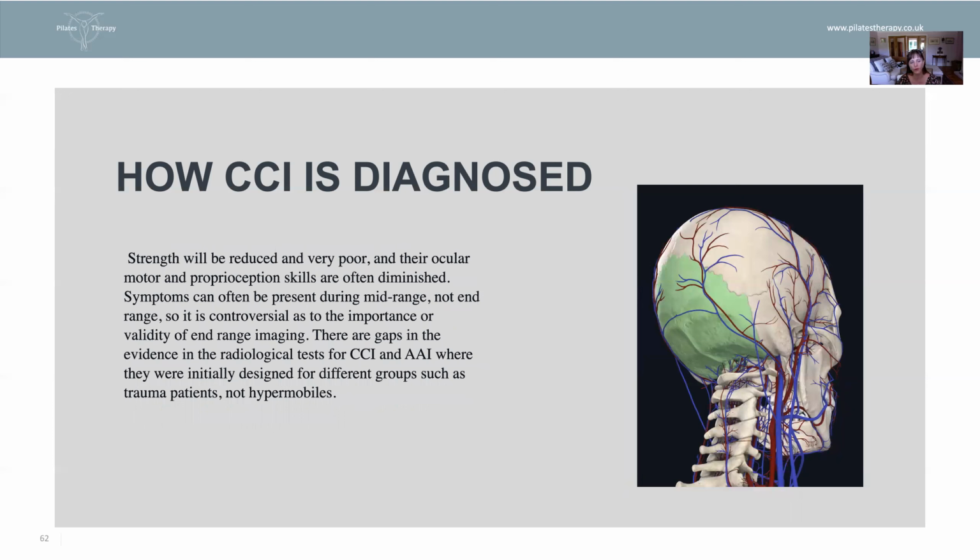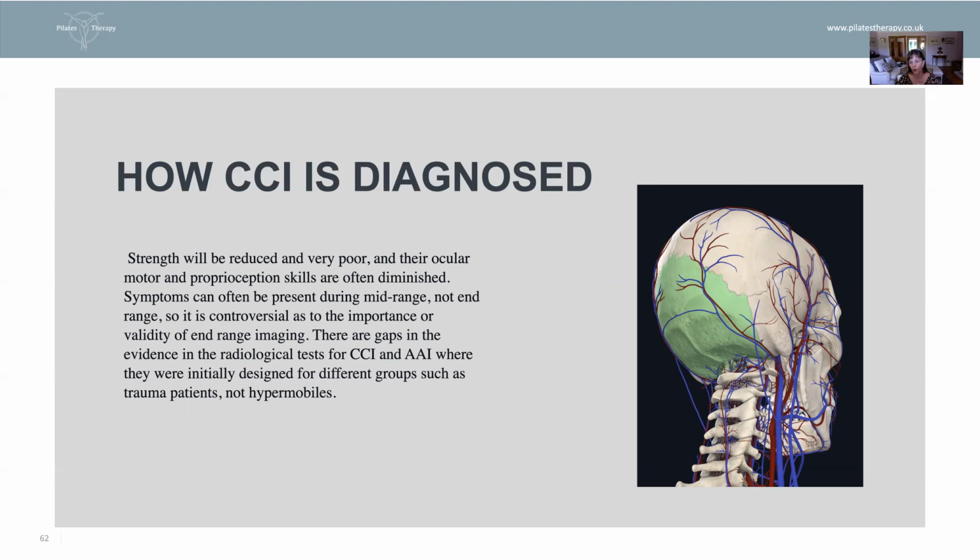So strength will be reduced and very poor, and their ocular, motor, and proprioception skills are often diminished. So symptoms, strangely, can often be present during mid-range, not end range. So there is controversy as to the importance or validity of the end range imaging. There are gaps in evidence in the radiological tests for CCI and AAI, where initially these measurements that we talked about were designed for other groups of people, really people who had trauma, so people who were having car accidents and big traumas.